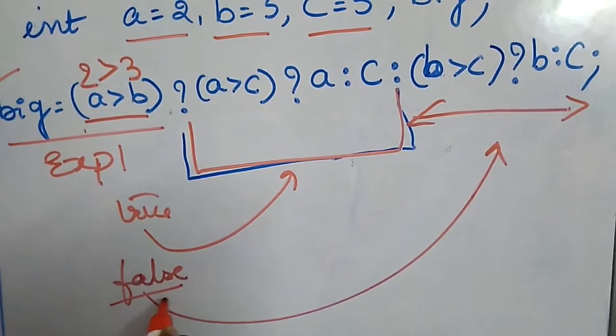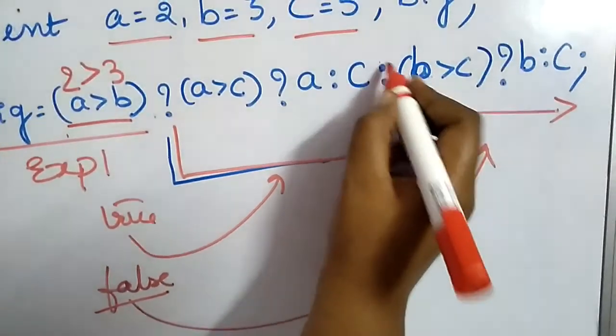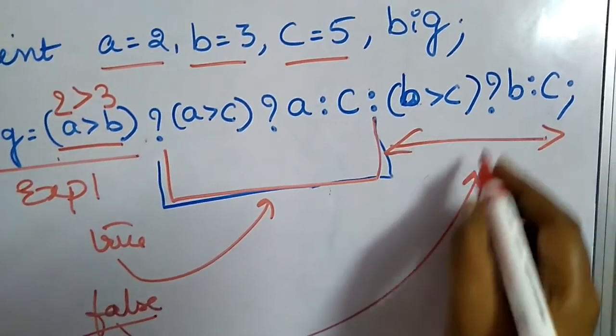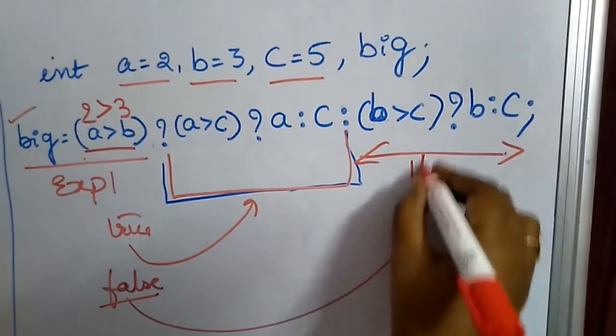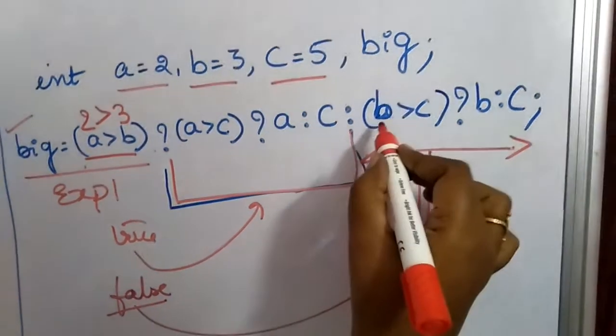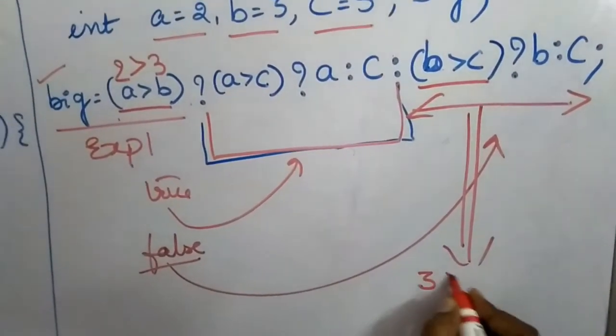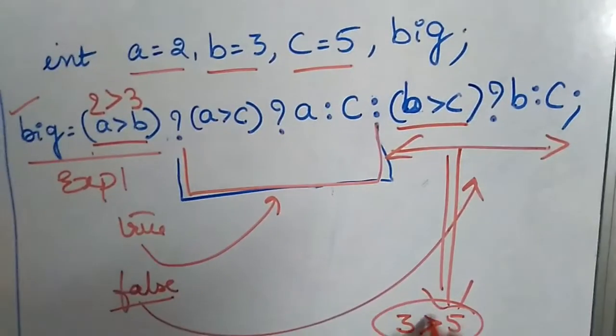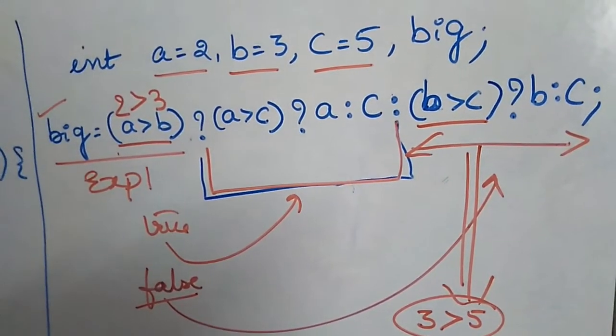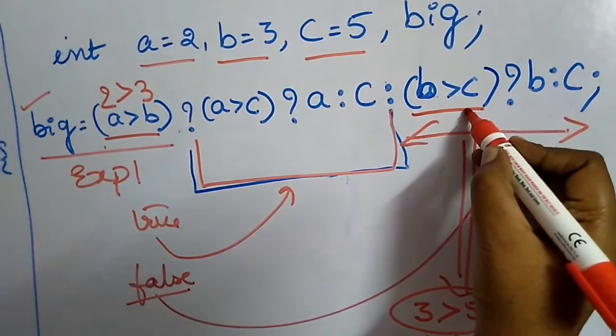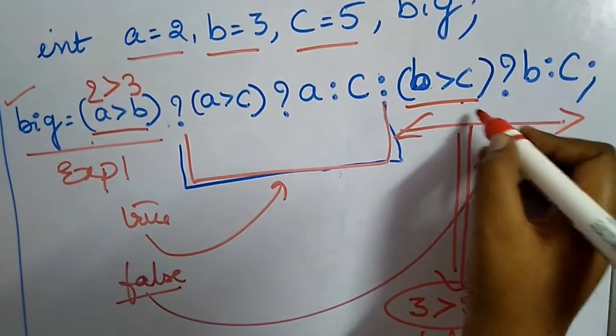Once this is false, it goes here after the colon. Here again we have expression 3 to be evaluated. Here there is b is greater than c. What is b? b is 3. Is 3 greater than 5? This condition has become false. Once this is false, the statement after the colon will be executed.